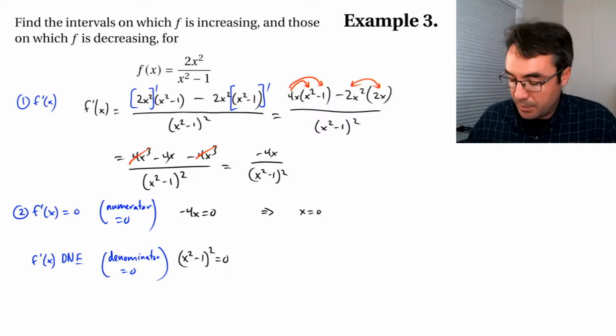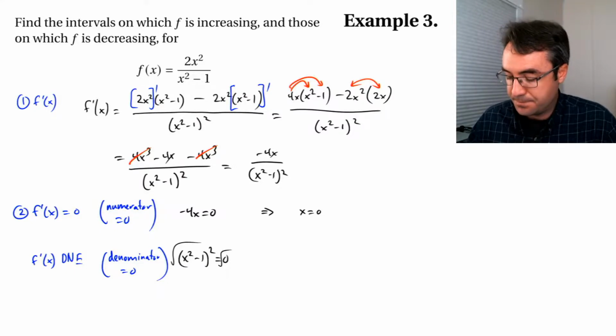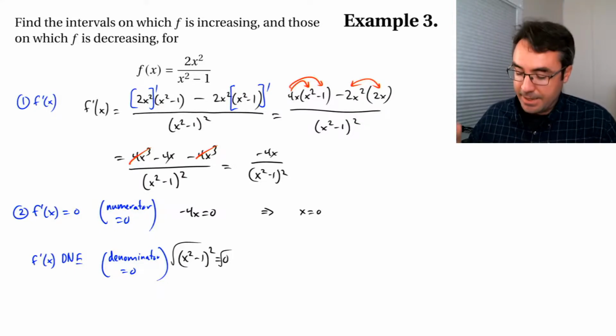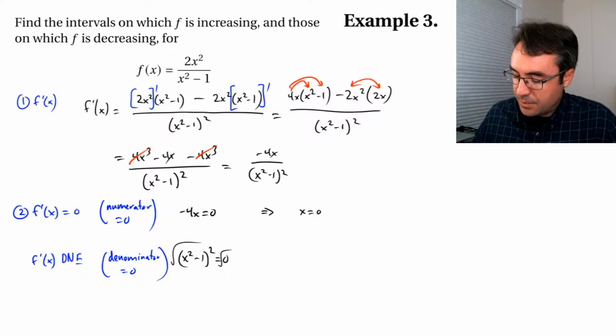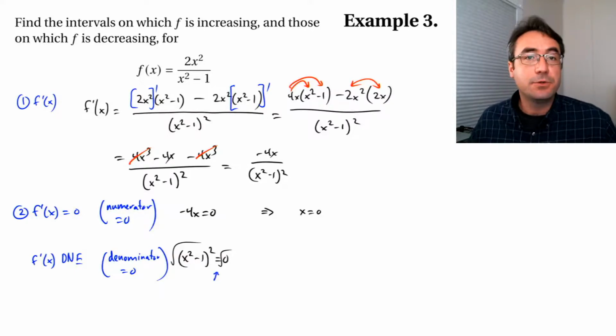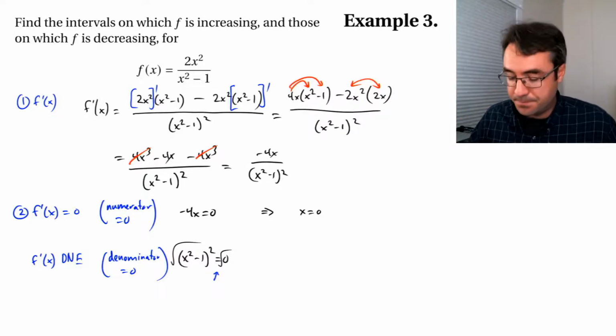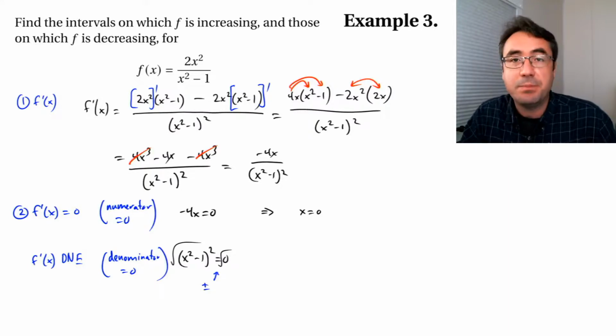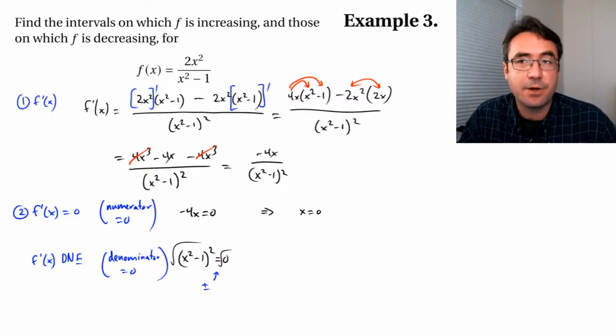So we could apply the square root to both sides. It doesn't really matter here, but whenever we apply the square root in our solution process, we need to put a plus or minus in front. So this technically should be plus or minus the square root of 0, but it doesn't matter because it's going to be 0.